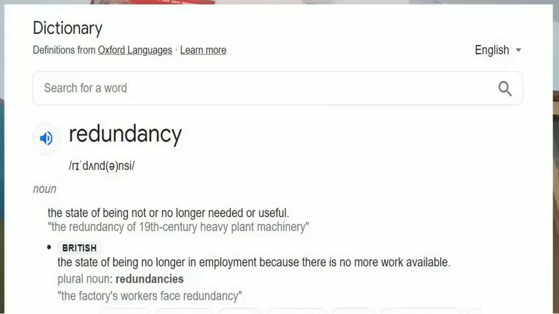Let us wind up ambiguity and come to redundancy. According to the Oxford Dictionary, redundancy is the state of being not or no longer needed or useful.